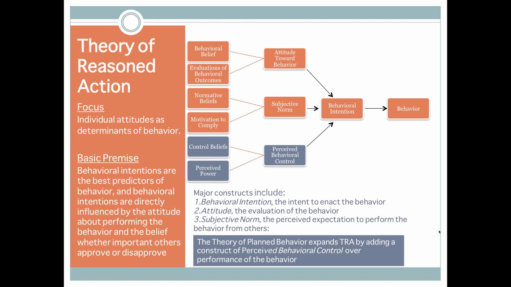And when we want to understand how intentions are formed, intentions are formed by attitudes about performing the behavior and beliefs about whether others who are important to you approve or disapprove about that behavior.